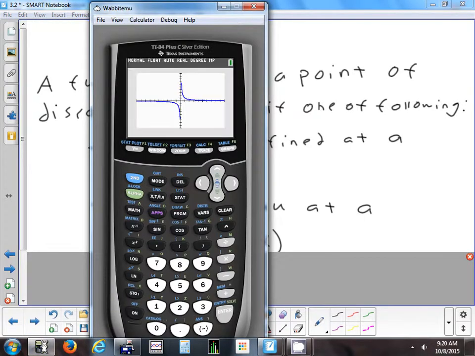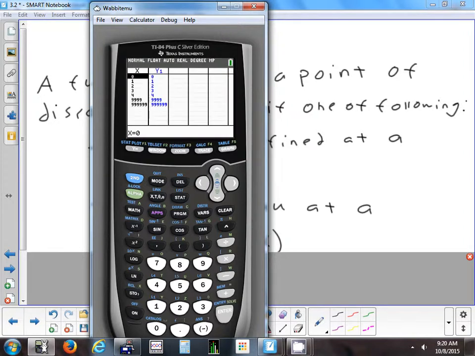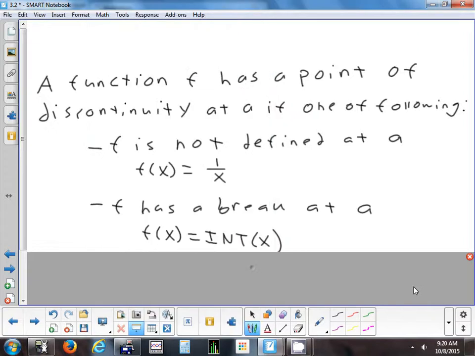We haven't talked a lot about it, but let me just type in integer function. If I go to my table, you can plug in anything you want. Plug in 0, plug in decimals. Basically, it rounds the number down. That's what the integer function does. 2.5, negative 3.8 or negative 3.58, 0.